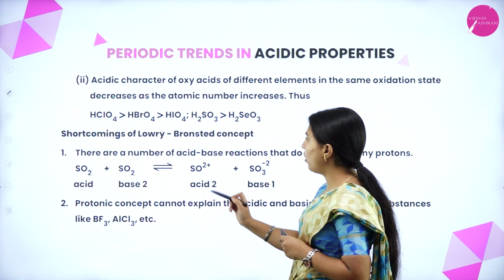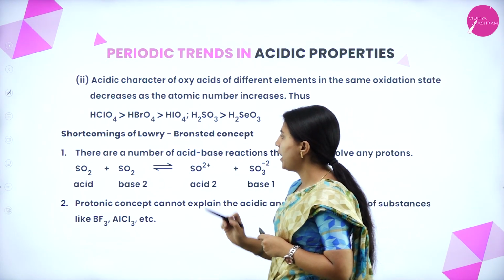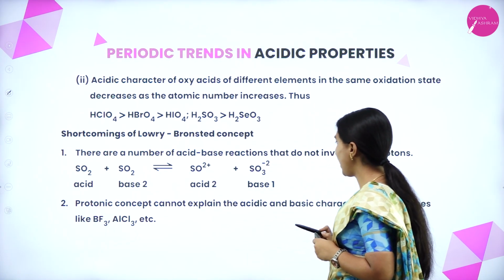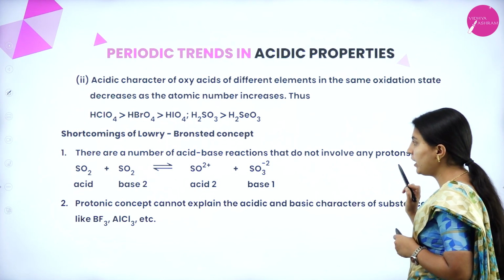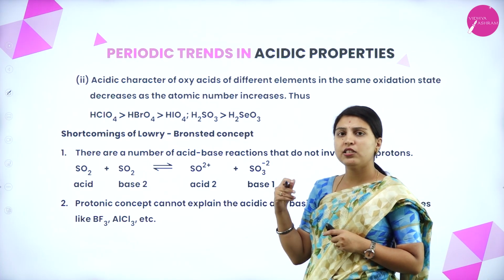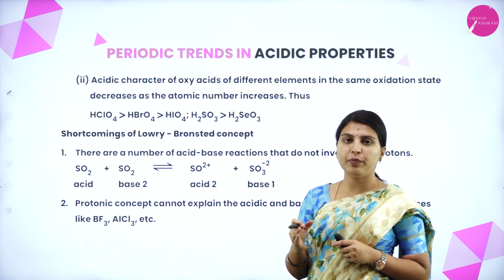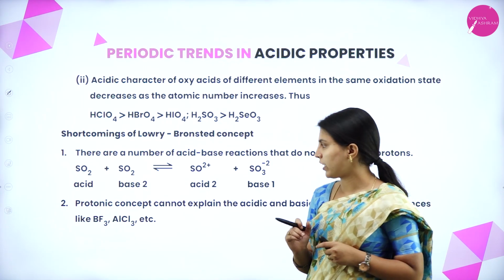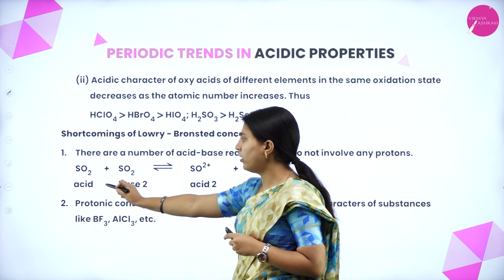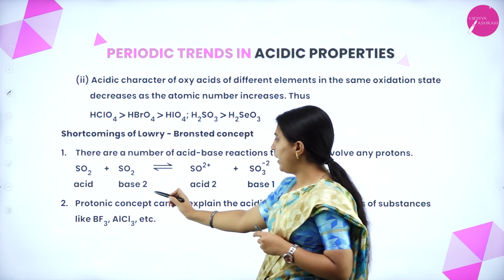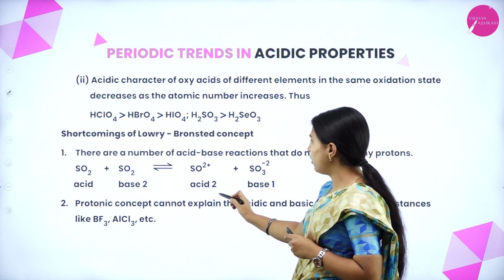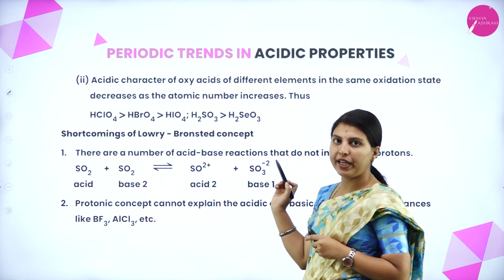And shortcomings of the Lowry-Bronsted concept: there are a number of acid-base reactions that do not involve any protons. There are so many reactions that do not involve any proton, but still show acidic character. Here, see, no proton, but it is also acid, and here the base is forming and is also a base.